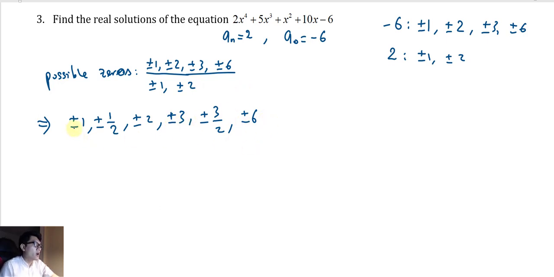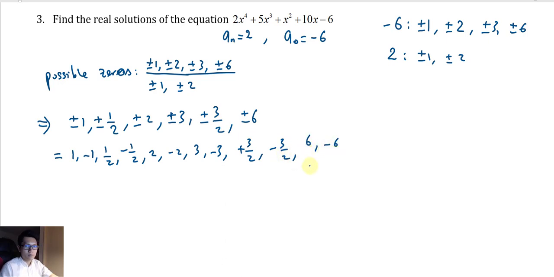So in general, we know that the list should be plus 1, minus 1, plus 1/2, minus 1/2, plus 2, minus 2, plus 3, minus 3, plus 3/2, minus 3/2, 6 and minus 6. Okay, so this is the function f(x).